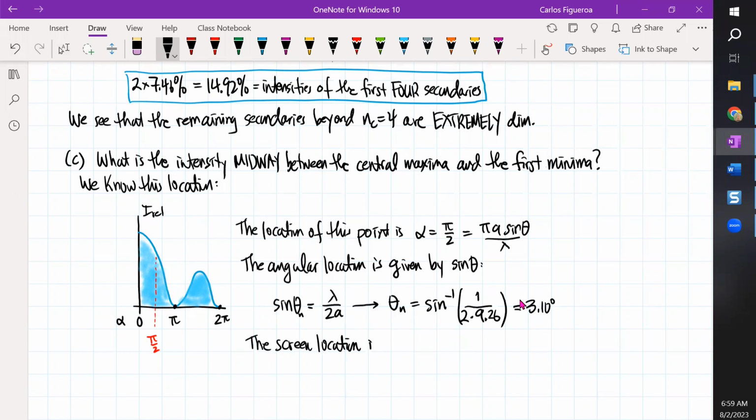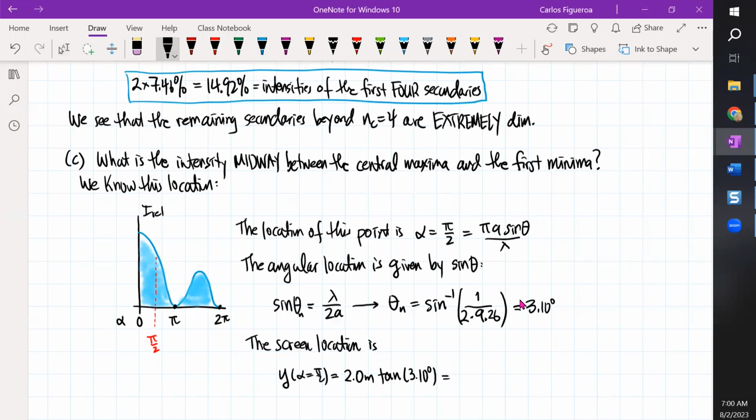So the screen location y of alpha equal to pi over 2 is going to be d, which is 2.0 meters, times the tangent of 3.10 degrees.